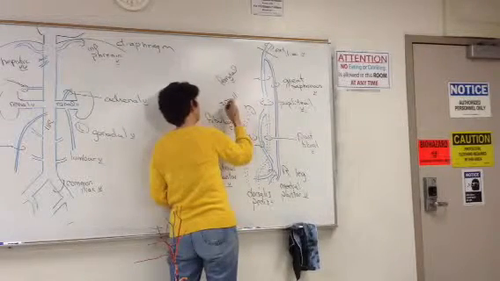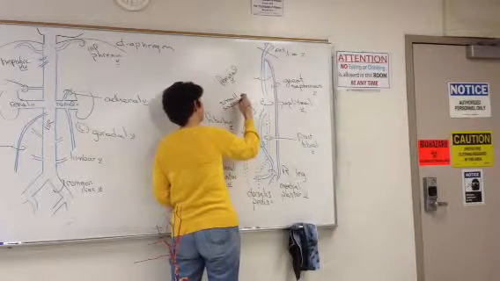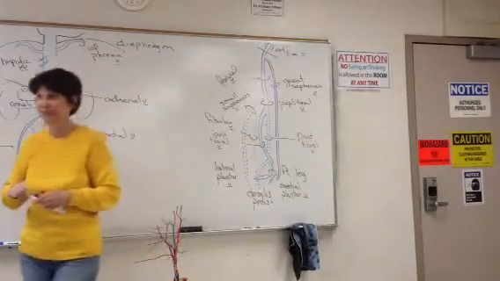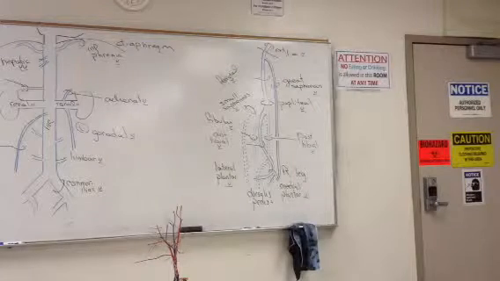It's formed by the union of the anterior and posterior tibial veins, but it receives the small saphenous. Similar to what we talked about with the superior vena cava, it's formed by the union of the brachiocephalic veins, but it receives the azygous vein.